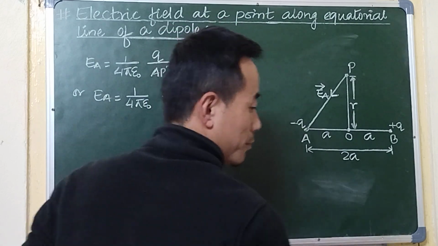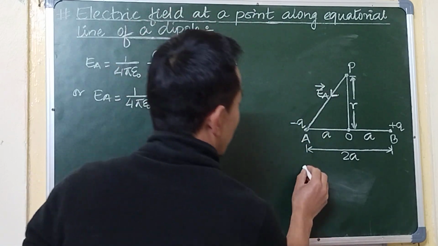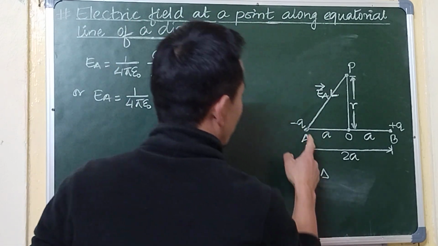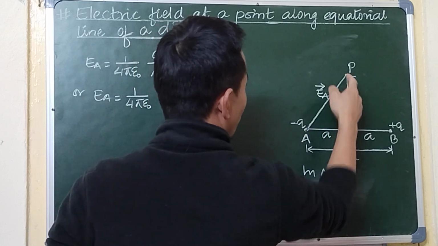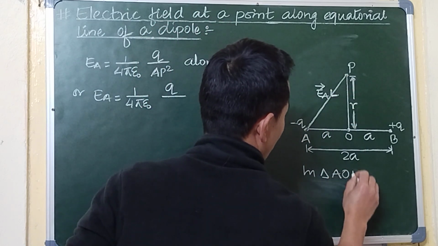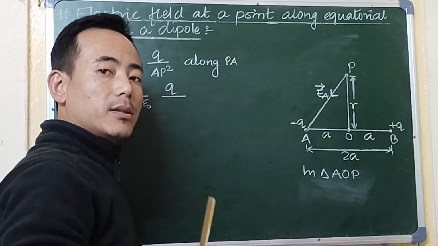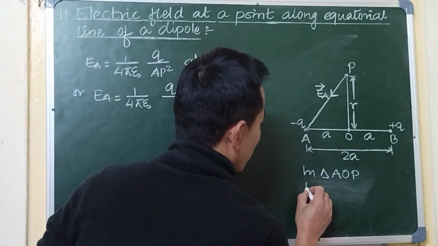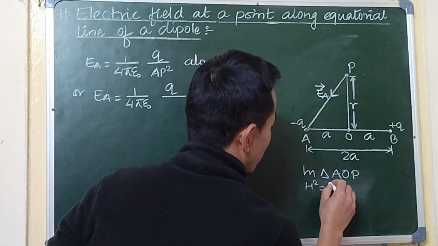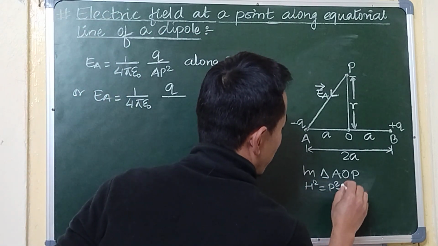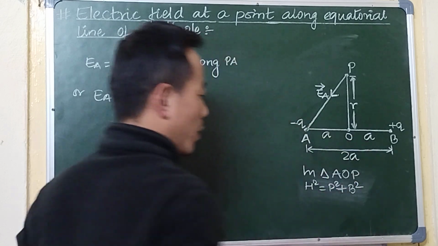So for that what we will do is take this triangle AOP. So AOP is a right angle triangle where we can apply the Pythagoras theorem, which is hypotenuse square equals perpendicular square plus base square.